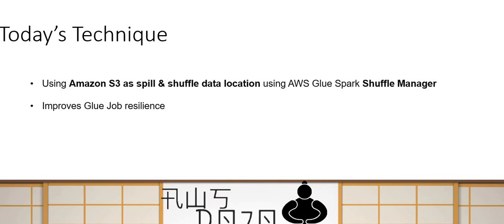When you run the Glue job, your Glue workers create a lot of spill data and shuffle data. What we are going to learn is how you can use S3 as a location for that kind of data. And this configuration helps improve job resiliency and job reliability in Glue. So that's the technique we are going to learn today in part 4 of the tutorial.